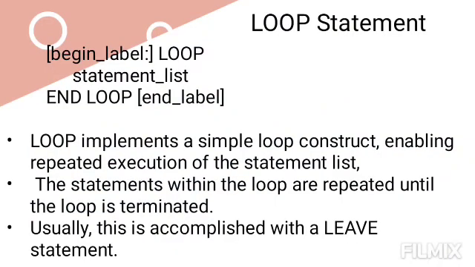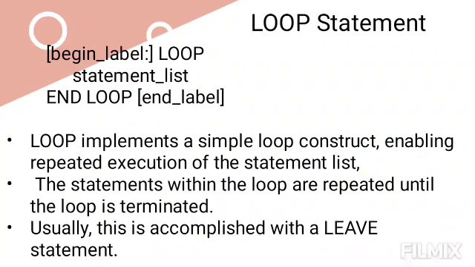There are three types of loop statements in MySQL. First one is loop, then while, then repeat. These are the three statements used for iteration in MySQL. First, we look at the loop statement. The syntax of the loop statement: begin_label colon LOOP, then statement to be executed repeatedly, then END LOOP end_label.